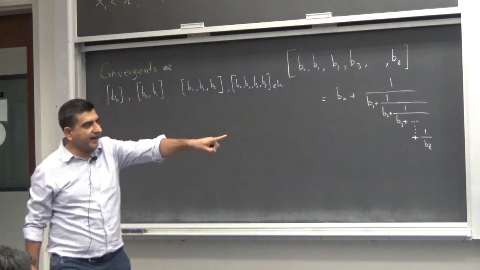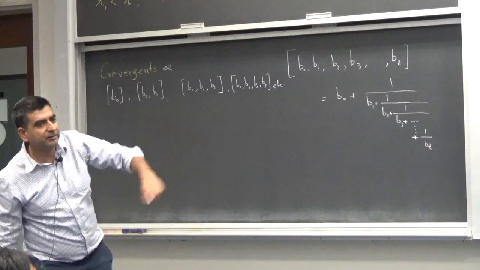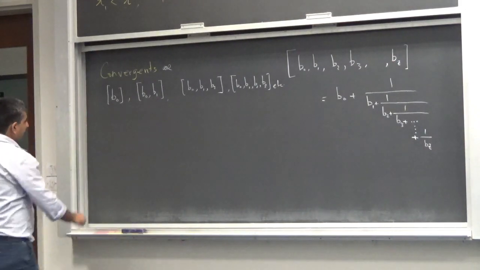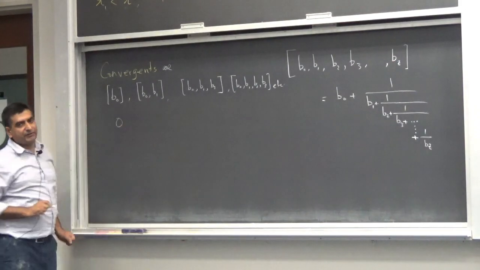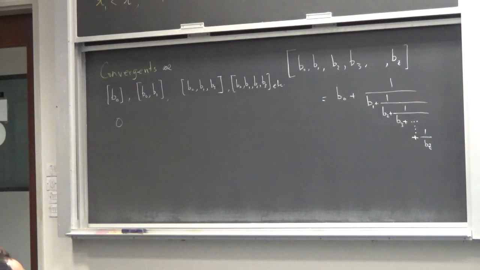So if in that example 13 over 25, the first convergent is 0 because b naught is 0. The second convergent is 1.